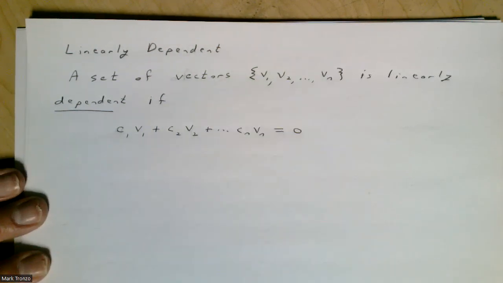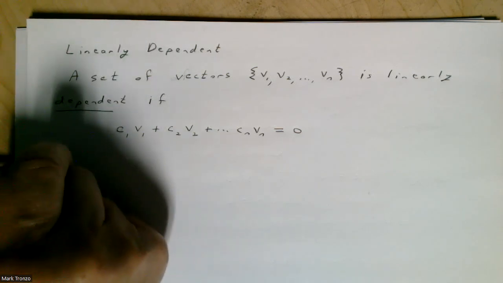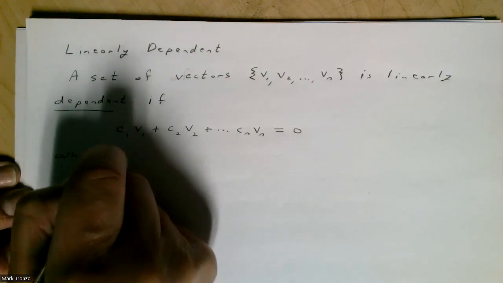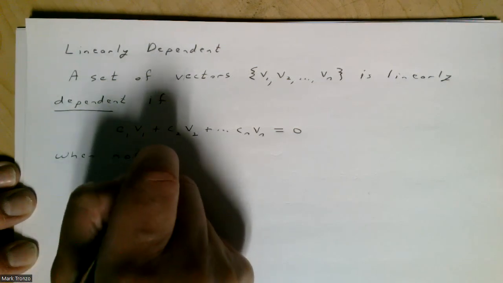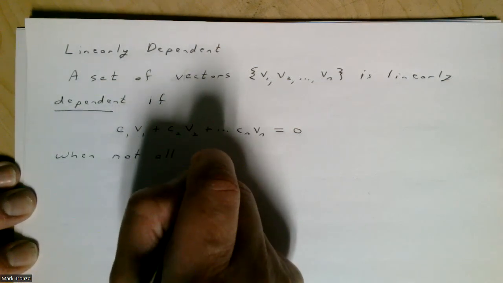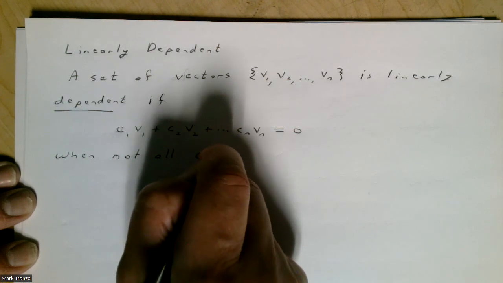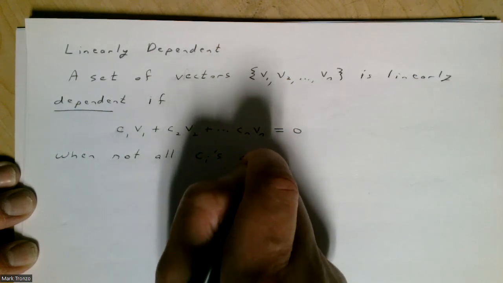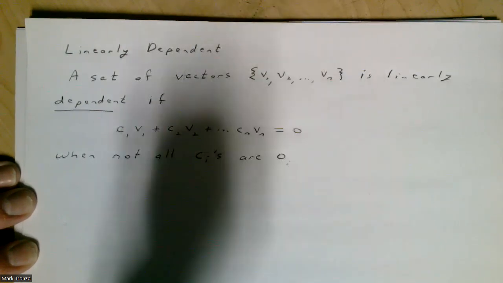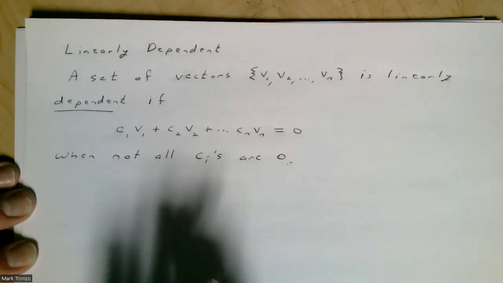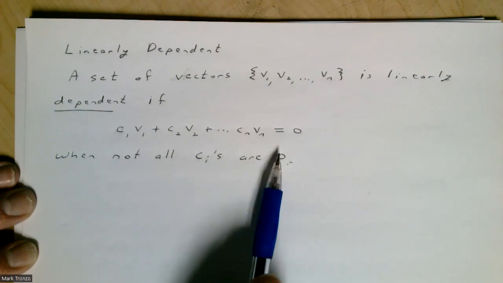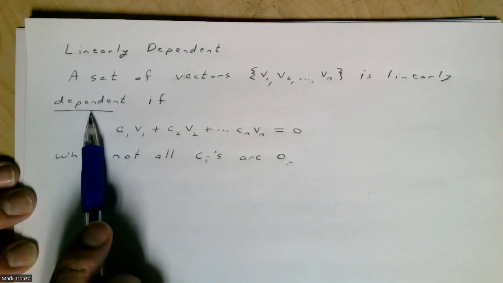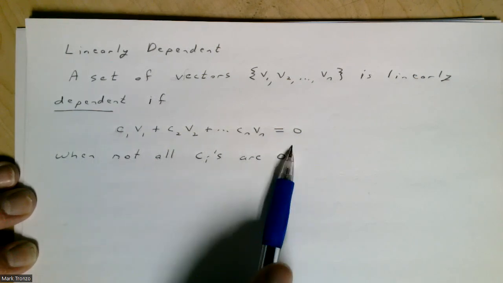If you can get that to be zero when not all the C's are zero. So if you have a set of vectors and you can multiply them by some constants, not all zero, and get zero, then the set of vectors is linearly dependent.